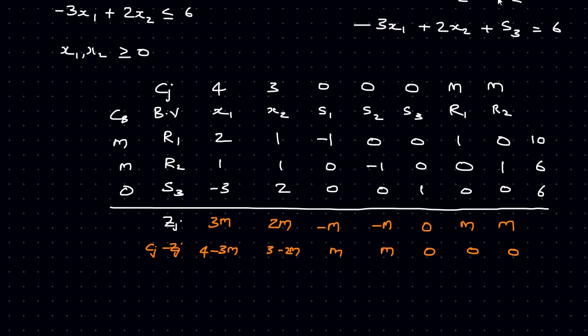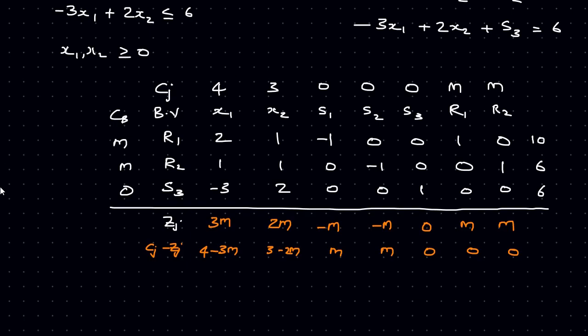Okay, and in simplex when we had a maximization problem, what we did was we chose the maximum positive value of cj minus zj, and for a minimization problem we take the least, or the maximum negative value.